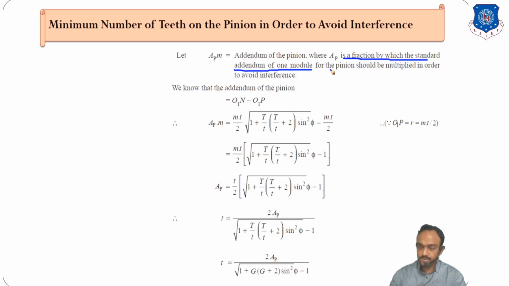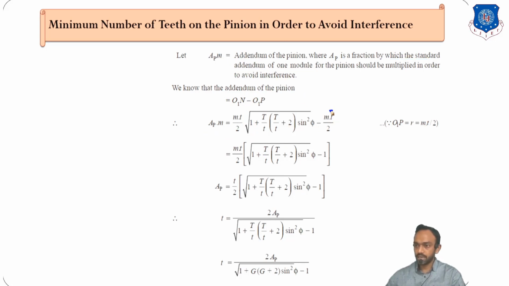So what will be the maximum possible addendum? Addendum radius minus pitch circle radius. So AMP is equal to O1n minus O1p, and both values will be put in this formula.